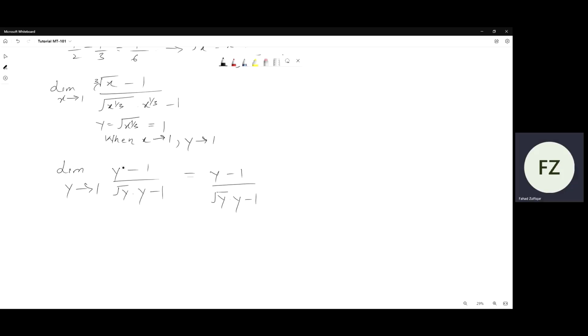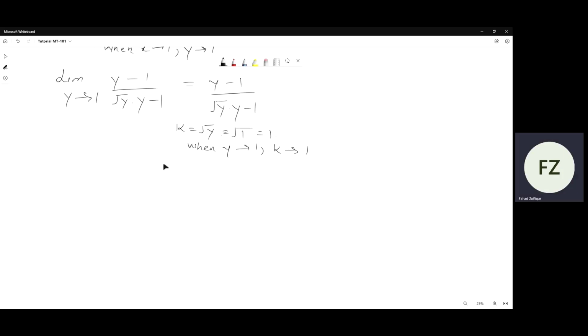Now we can do another limit substitution. We can say k equals to under root y. Now y is approaching to 1. So when y approaches to 1, we can say that k approaches to 1, because when we put under root y equals to under root 1, this gives us 1.